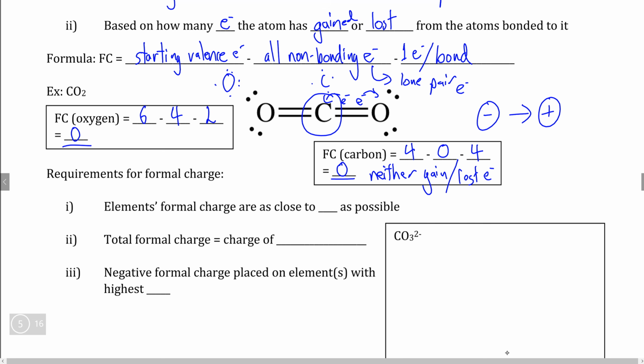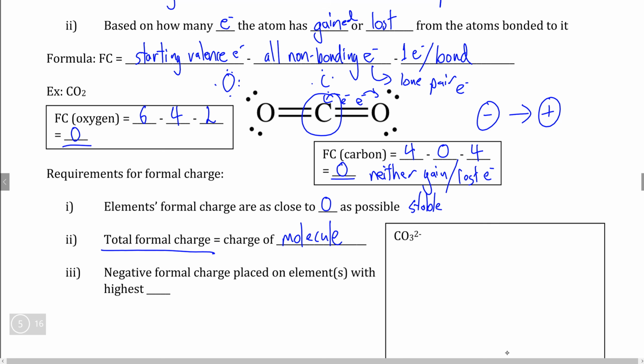So the closer an element's formal charge is to 0, the more stable it is going to be. Secondly, the total formal charge. If we add up the total formal charge of every atom in the compound, it must equal the total charge of the overall molecule.